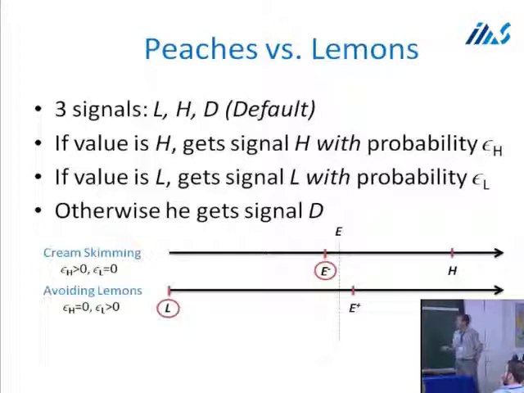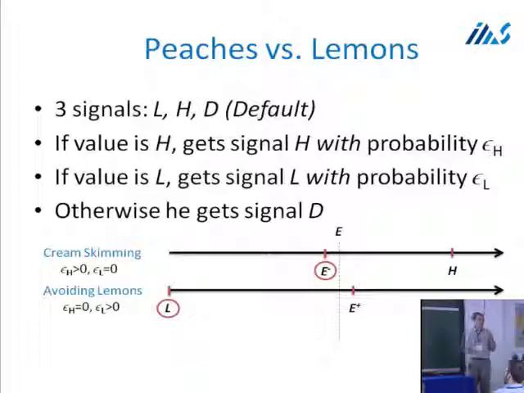Now, what's interesting is to think about the case which we call avoiding lemons. This is the case in which he doesn't know about peaches. He only knows about lemons with some tiny probability. So he has some technology to figure out if an impression is a bot, and with some tiny probability, he actually knows that an impression comes from a bot. So when he sees a low value impression, he will bid low.